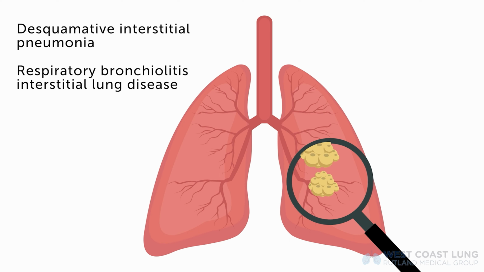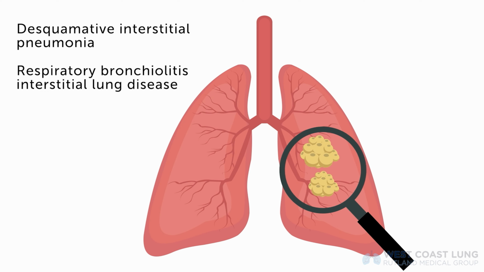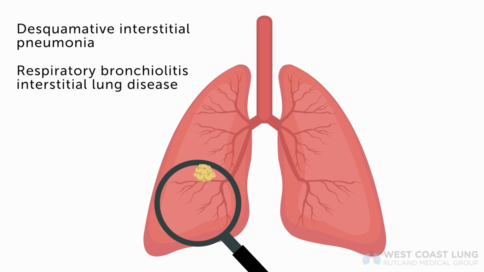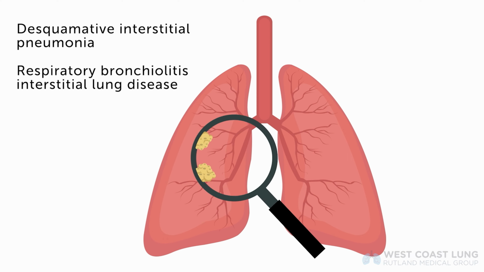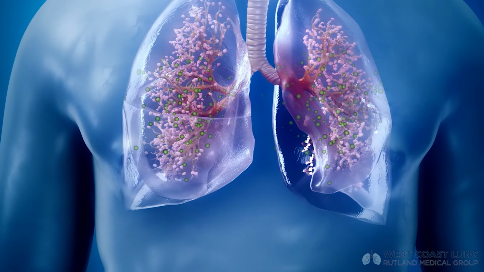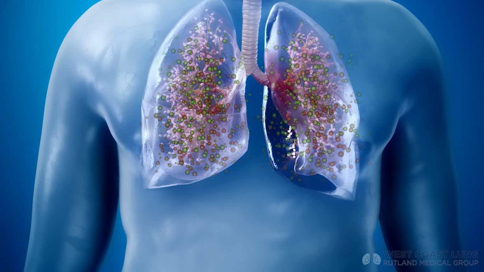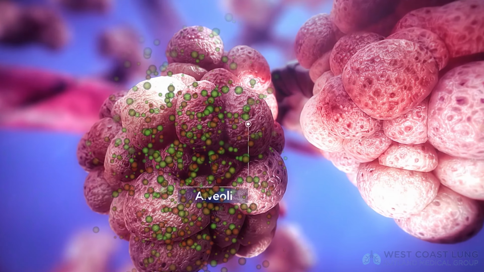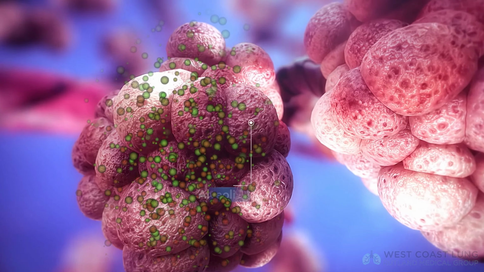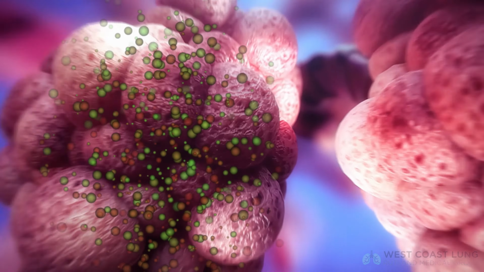Desquamative interstitial pneumonia or respiratory bronchiolitis interstitial lung disease present in this way. They're basically a continuation of disease. You develop an accumulation of pigmented macrophages in the bronchiole and eventually in the alveoli. That's when RBILD becomes DIP, when that macrophage is in the alveoli.